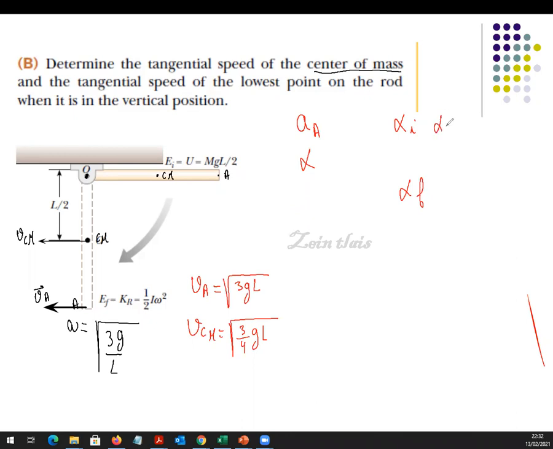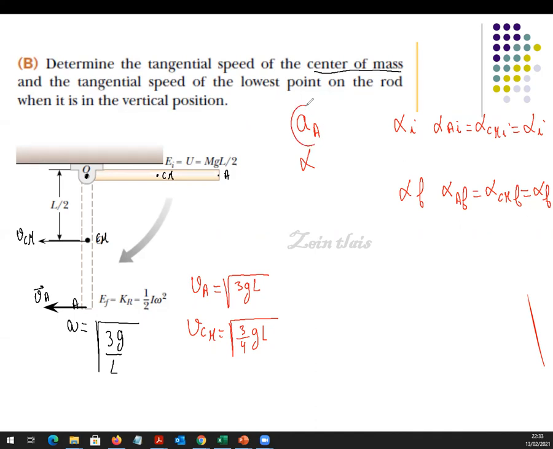Alpha of A initial equals alpha of the center of mass initial equals alpha initial. All the points on the rod have the same angular acceleration initially, and also all the points have the same angular acceleration at the final position.